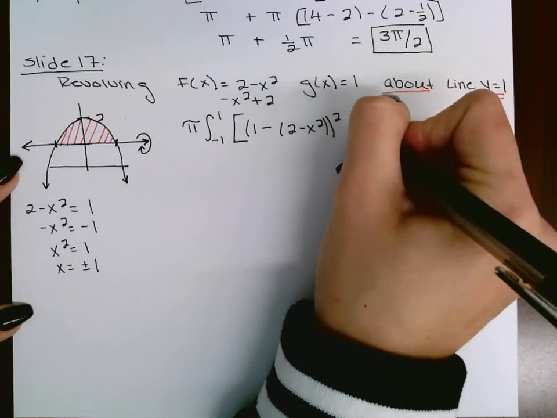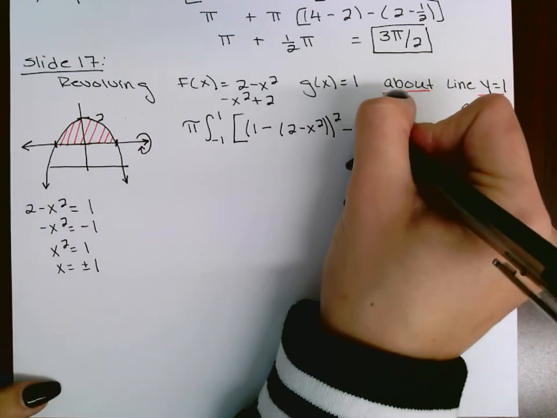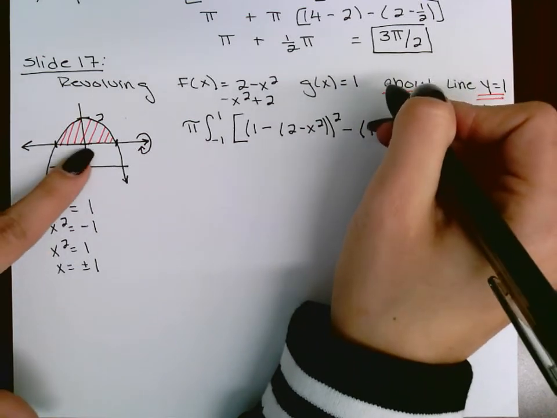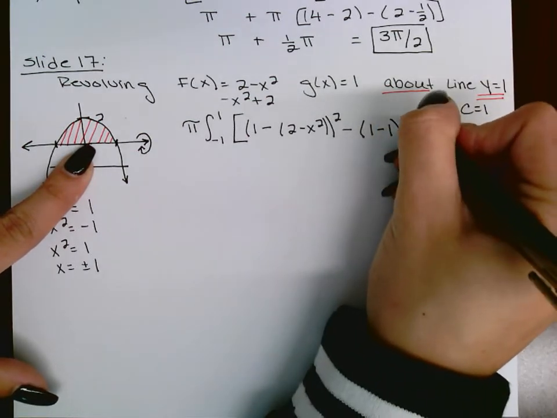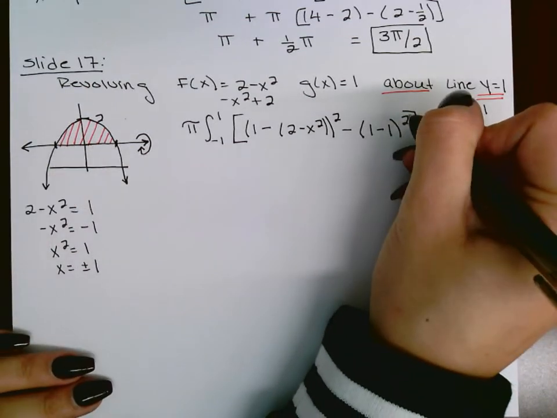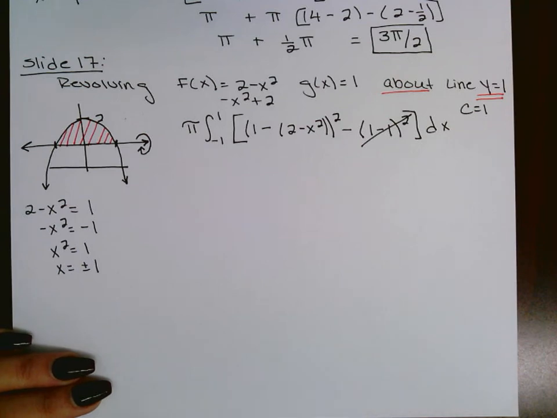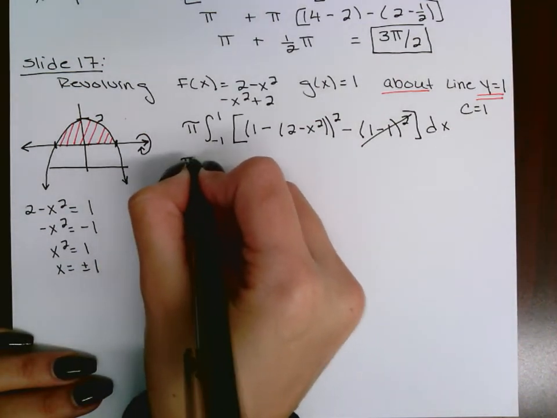And then the second part of the formula says minus c, what I'm rotating, which is 1, minus the closer function, which is technically itself, which again, hopefully you start catching will always just cancel out because 1 minus 1 is 0. Okay? So now let's just start to clean this up.